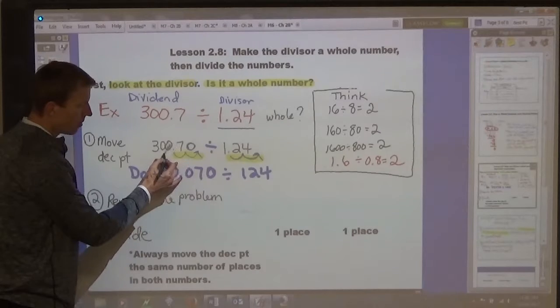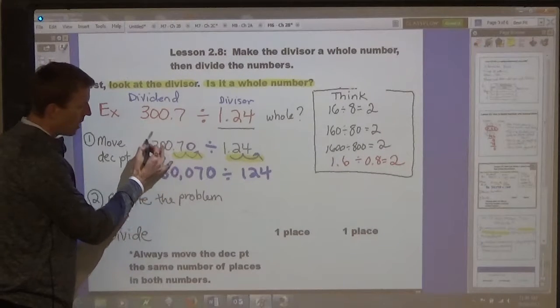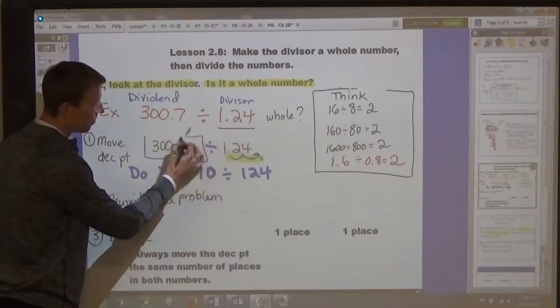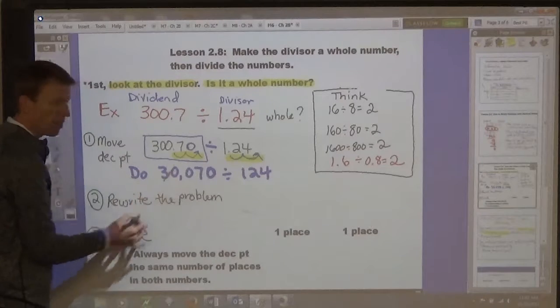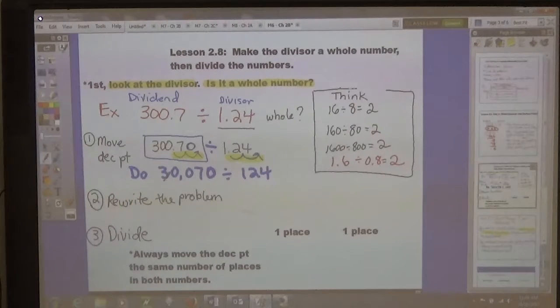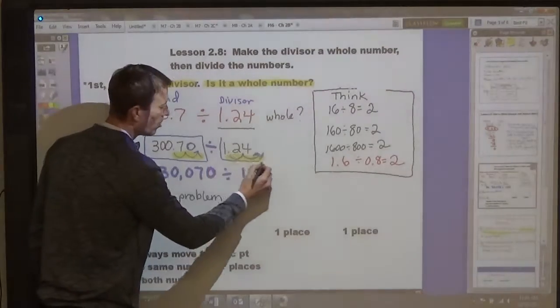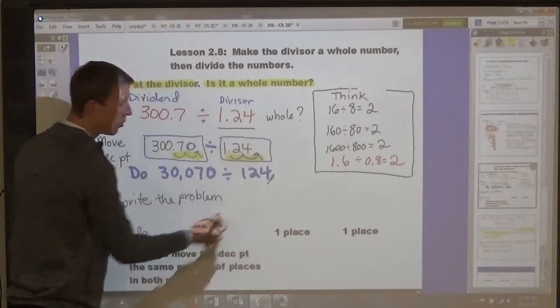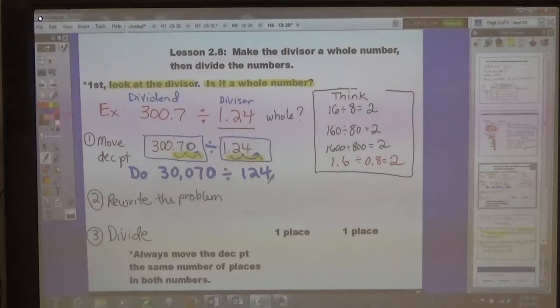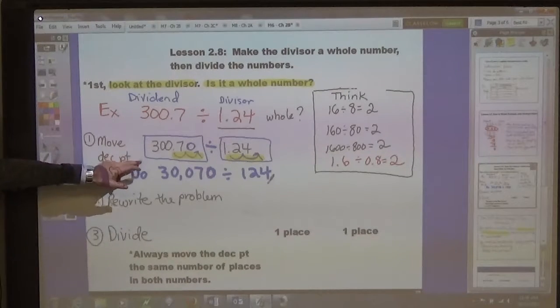See how that works? We change this number to 30,070. Does everybody see that? First we changed 1.24 to 124. Matt, look up here.